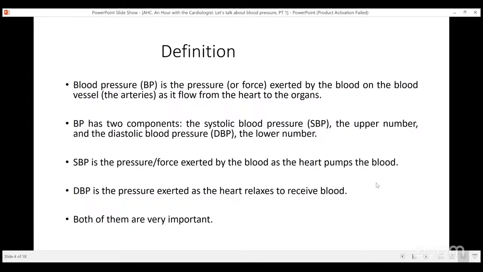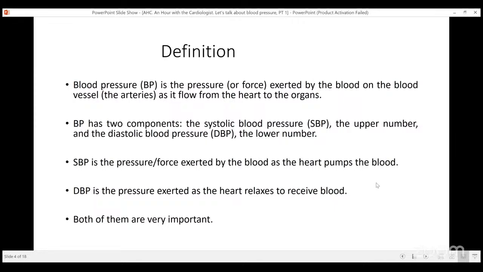All right. Systolic blood pressure is the pressure, the force exerted by the blood as the heart pumps the blood. While diastolic blood pressure is the pressure exerted as the heart relaxes to receive blood from the veins this time. So while the heart is at rest, blood is still moving.